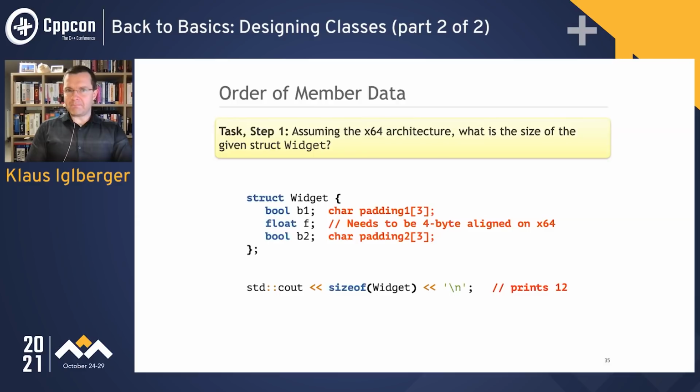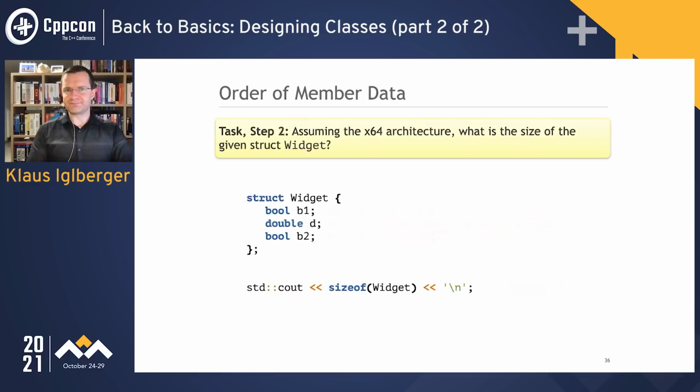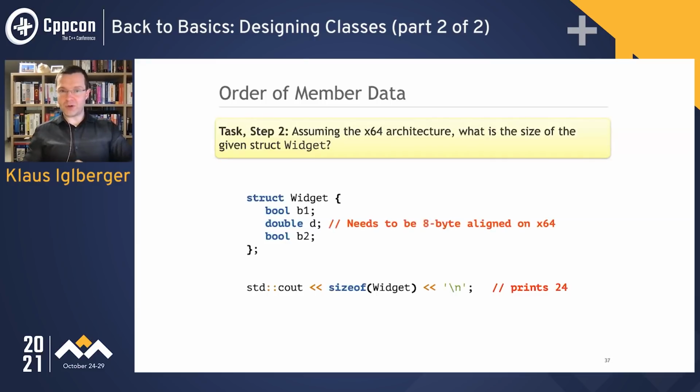Now, it's of course unfortunate that it's twice as large as it could be, but imagine that I actually switch from float to double. And if I now give you the additional information that this double is 8-byte aligned, then you can guess that this actually suddenly prints 24.